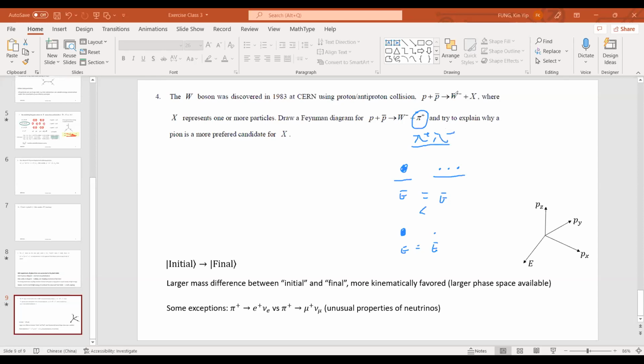And I think it's not related to the W boson. In principle, if the proton energy is large enough, then you can produce a W boson.